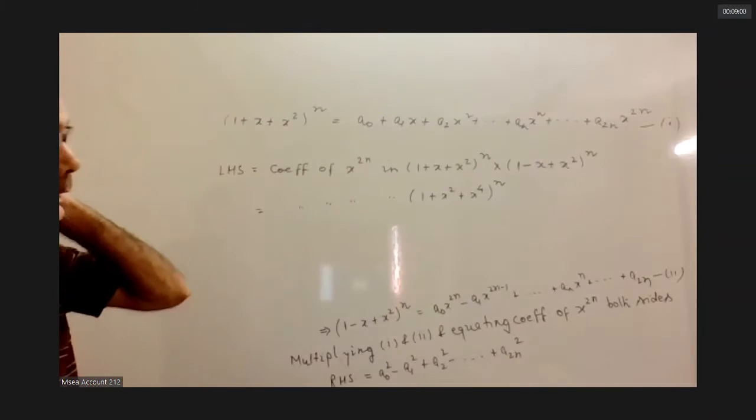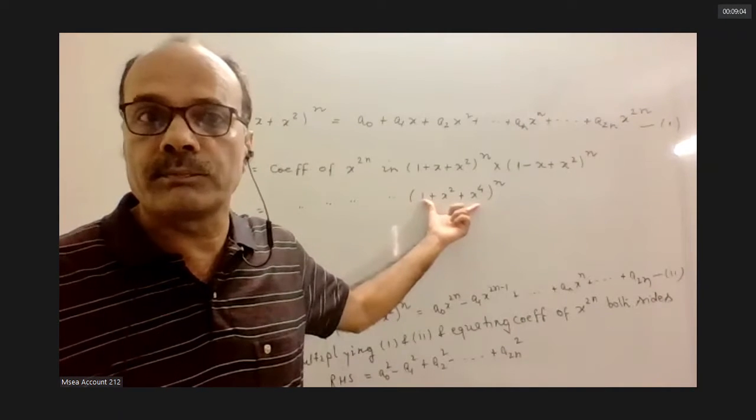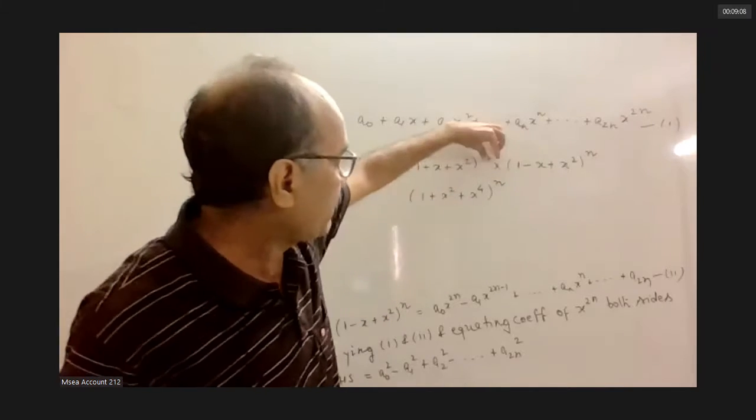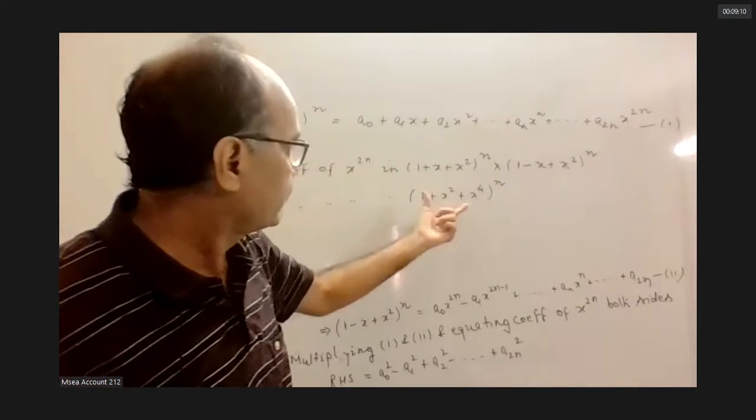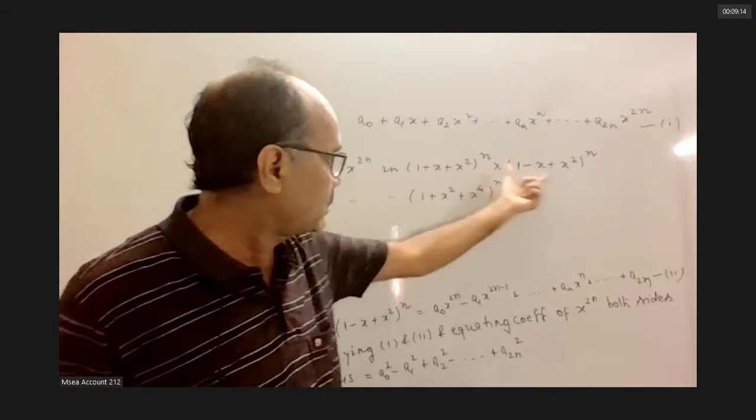See, this expression is factorizable. What are the factors of this expression? This into this. Forget the power, power is same. 1 plus x square plus x power 4 is this into this.